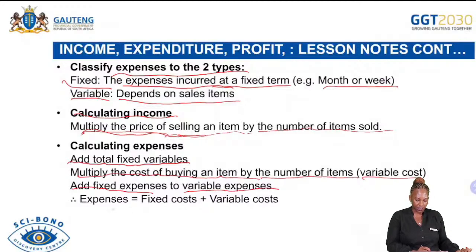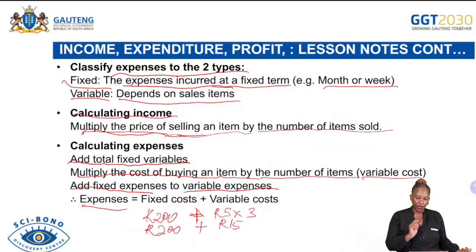Now my total expenses will be my fixed cost, for example, 200 rand. And then my variable cost, we said, is 5 rand times 3. That means here it will be 15 rand. And then I add my 200, which is a fixed one.